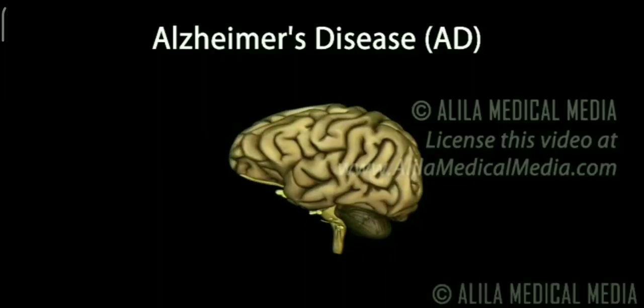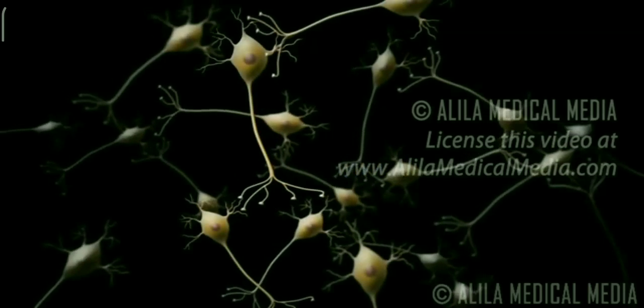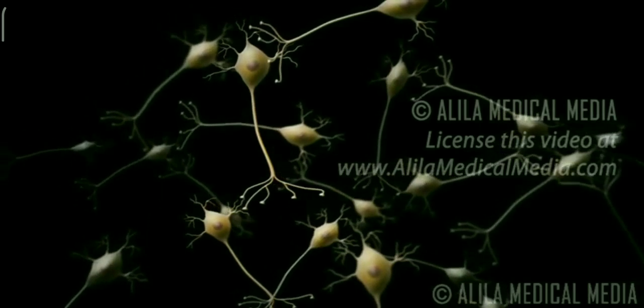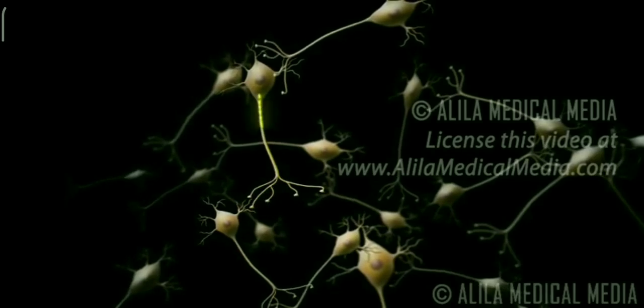It is the most common form of dementia. Its incidence increases with age, showing loss of cognitive functioning. It occurs due to loss of cholinergic and other neurons in the central nervous system.